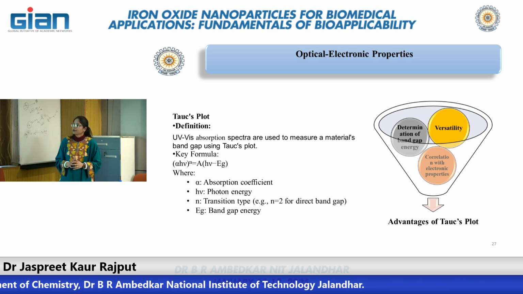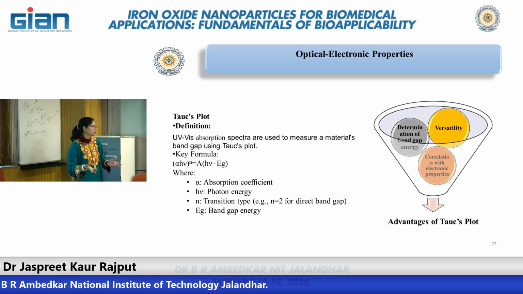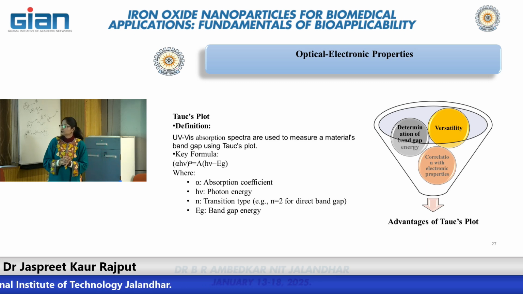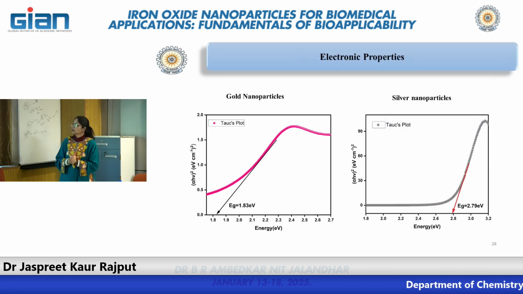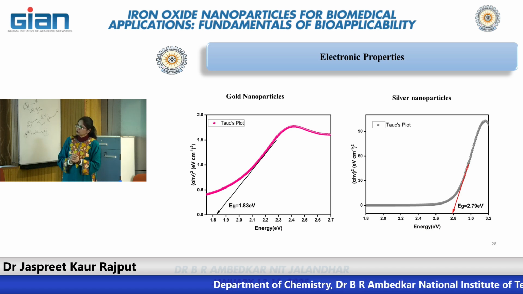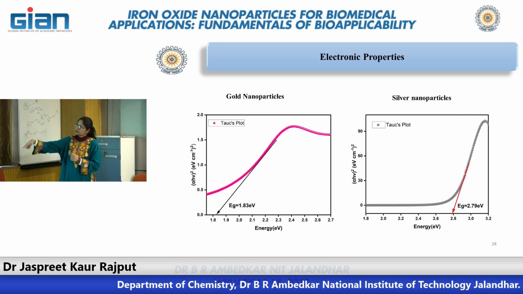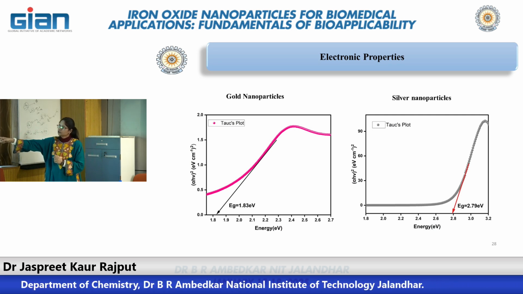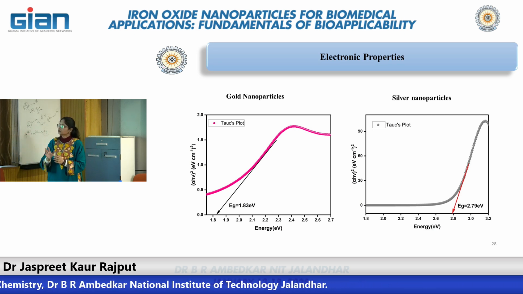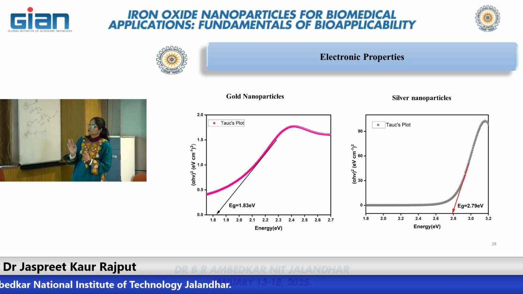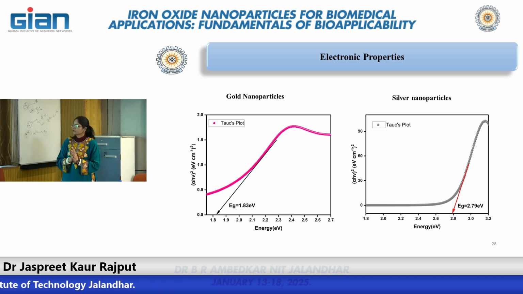So Eg is the band gap, hν is the energy for the transition, A is the absorption, alpha is the absorption coefficient, and n is the transition. When we draw the Tauc plot, you can extrapolate it, and you can find that the value of Eg is 1.83 eV for gold, and for our silver nanoparticle it is 2.79 eV.